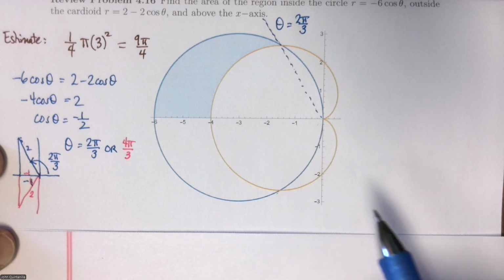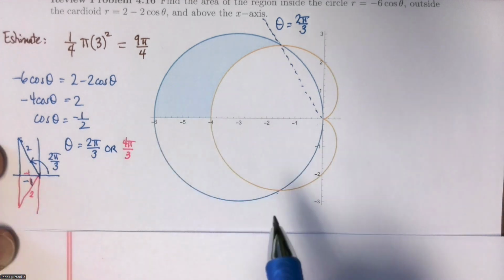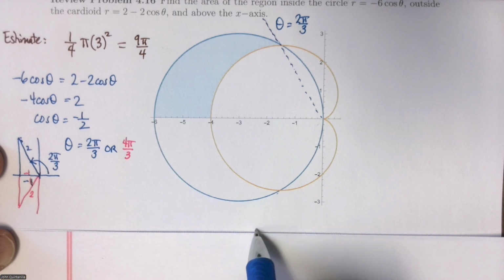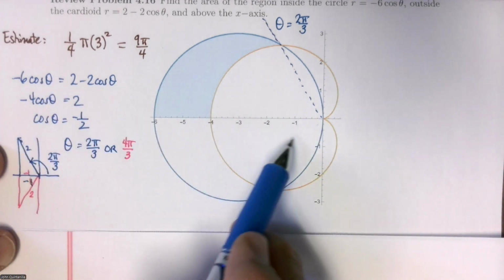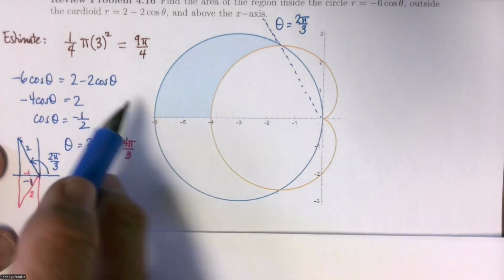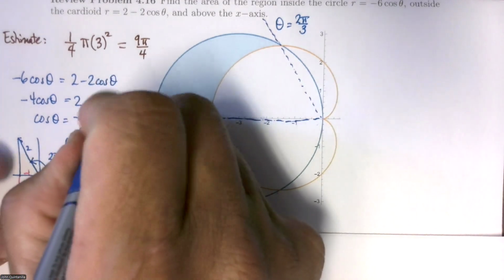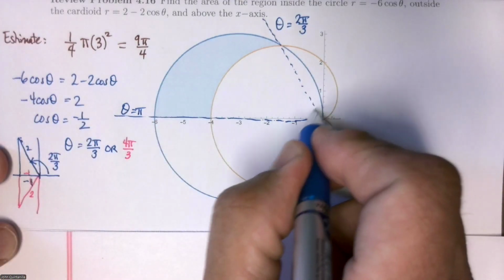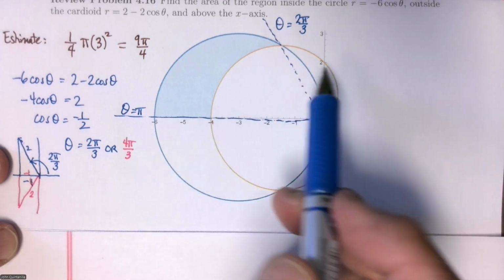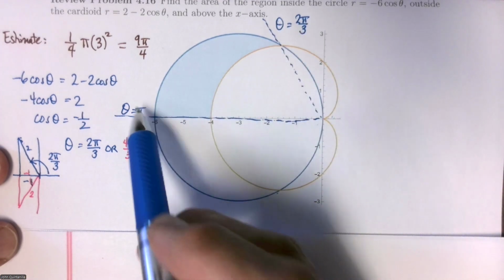I'm not going to draw that in the picture because I don't need that angle for the integration, but 4 pi over 3 would correspond to this direction. Now, the other boundary that I care about is this way. Now, that angle going this way, that's clearly theta is equal to pi, 1/2 rotation. So this angle here is pi. So my angle of my boundaries will be from 2 pi over 3 to pi.